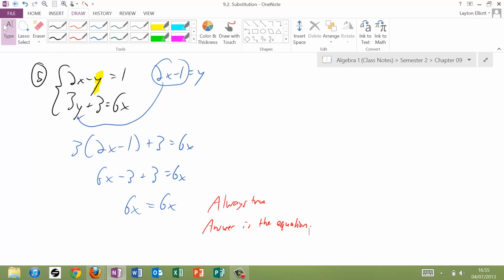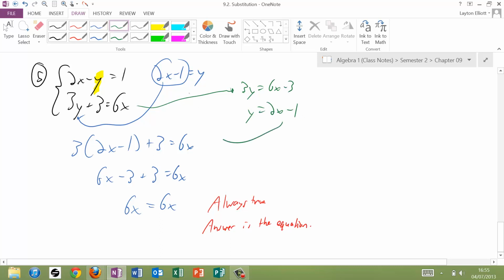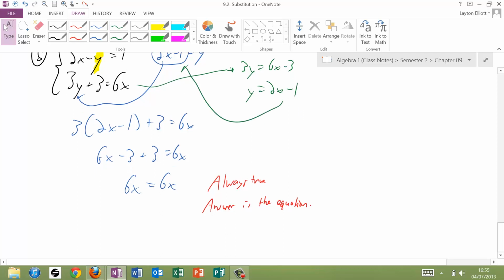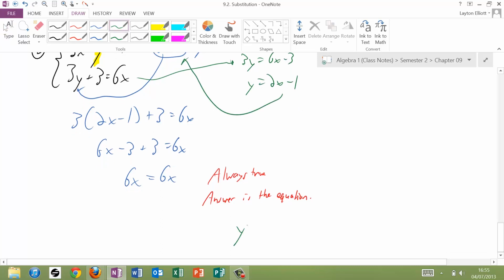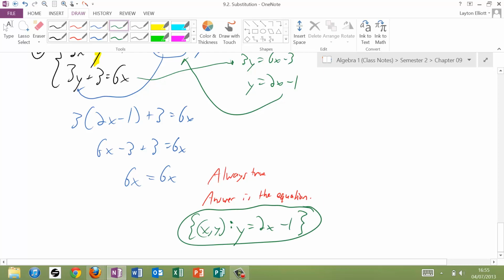If I were to take the second one and solve it for y, I would get 3y is equal to 6x minus 3, and y is equal to 2x minus 1. And it's the same thing as what the other one was. So that's my answer. y equals 2x minus 1. Then I do all (x, y) in parentheses, colon, such that, put that in set notation. And that's it.